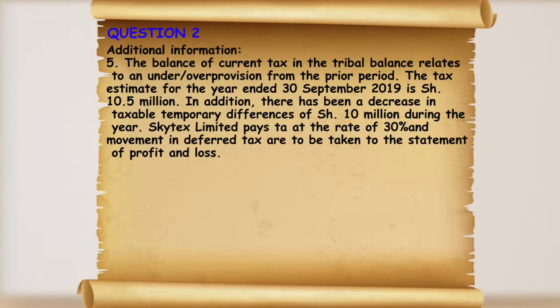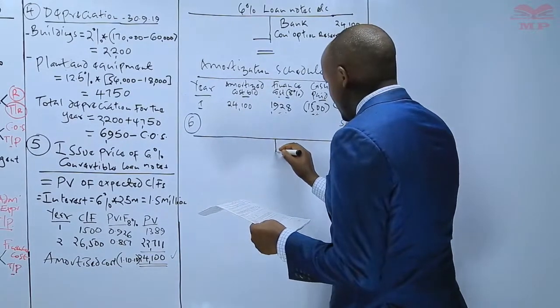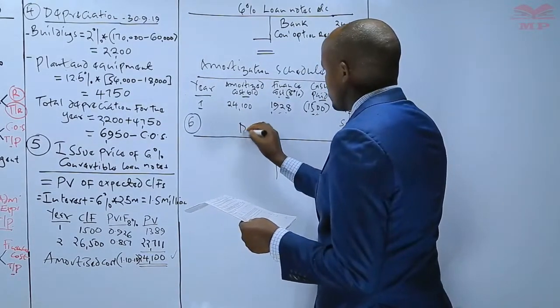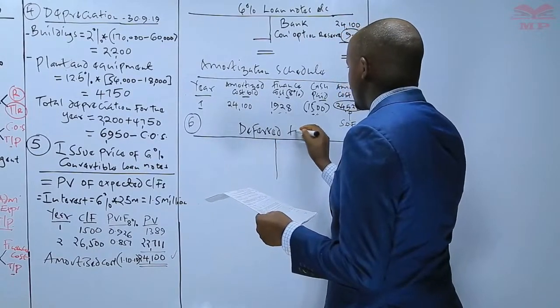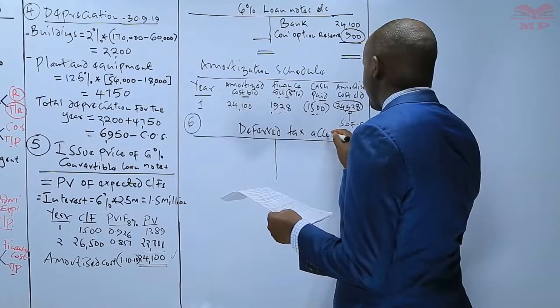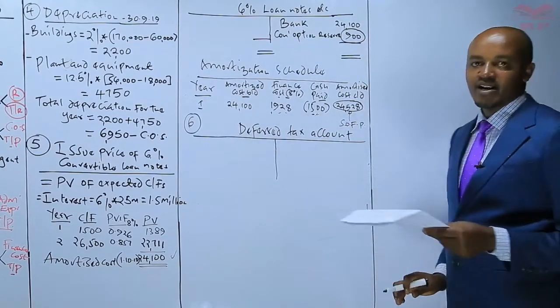And then we are told that Skytex Limited pays tax at the rate of 30%, and movement in deferred tax is taken to the statement of profit or loss. So in respect of that last sentence, we need to compute the deferred tax income, or basically the deferred tax expense for the current financial year, in preparing the deferred tax account.